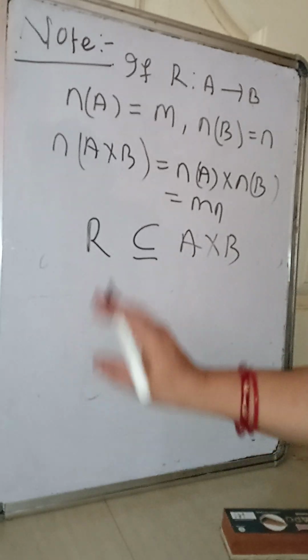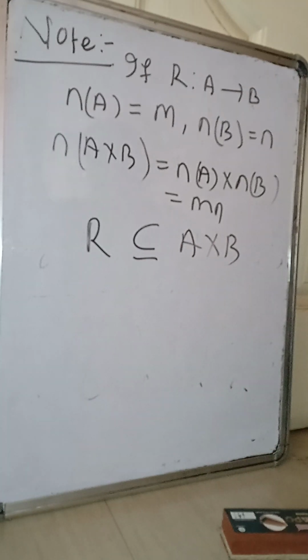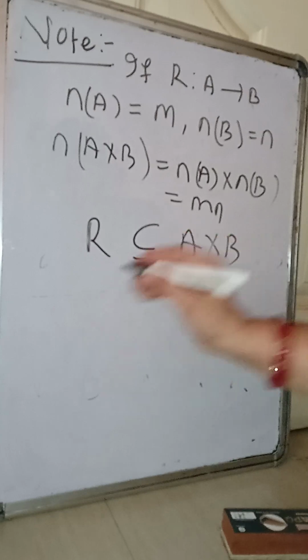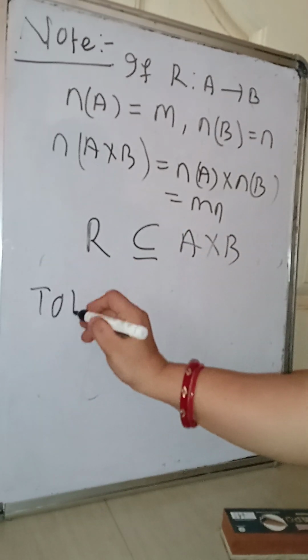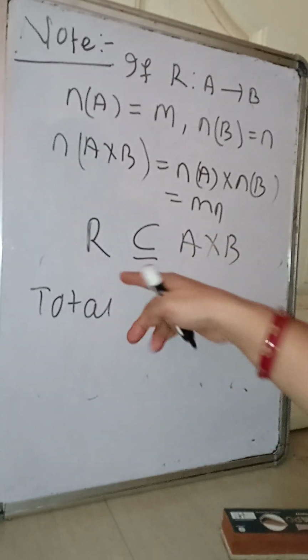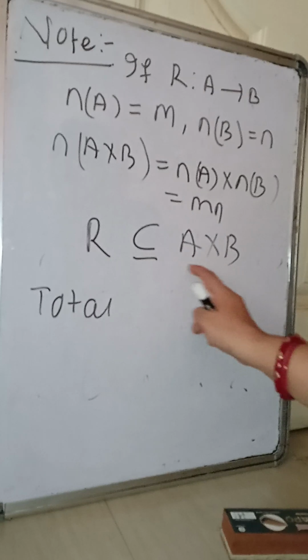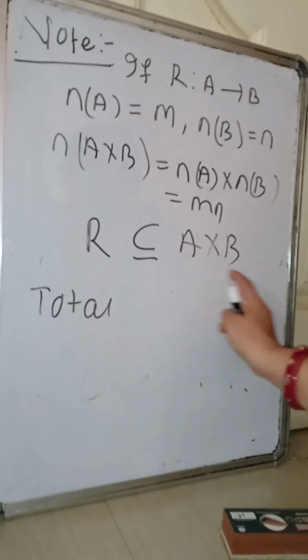Now you tell, how many relations will you get in this case? The total number of relations is nothing but the number of possible subsets of the Cartesian product of these two sets.